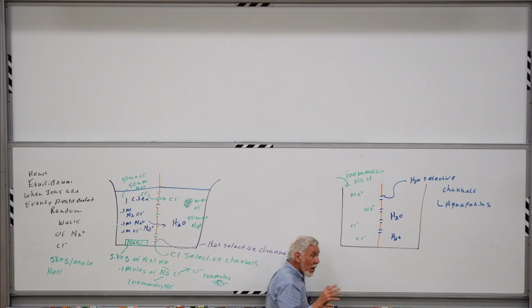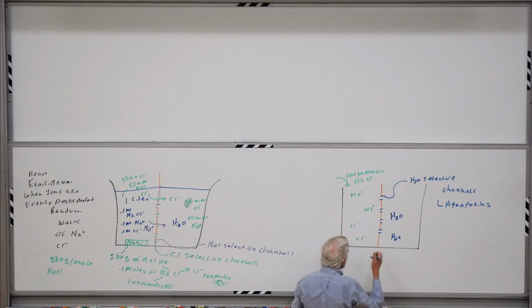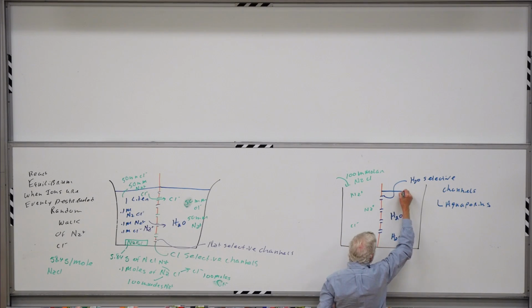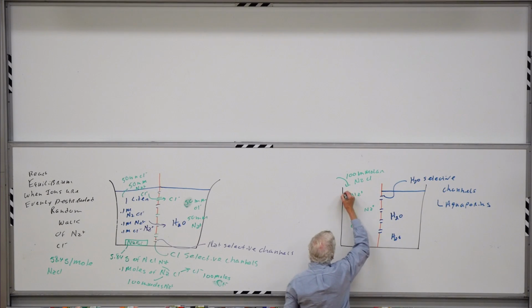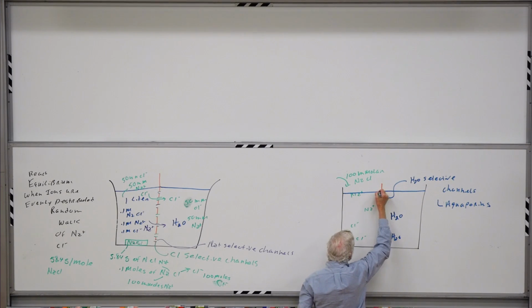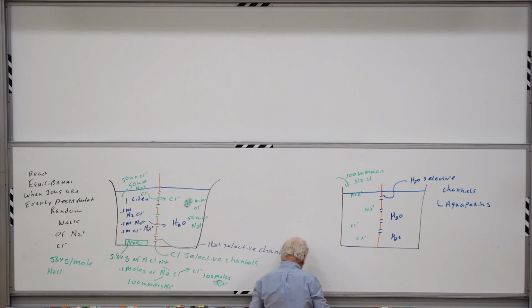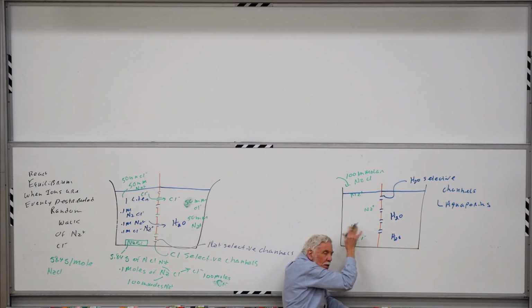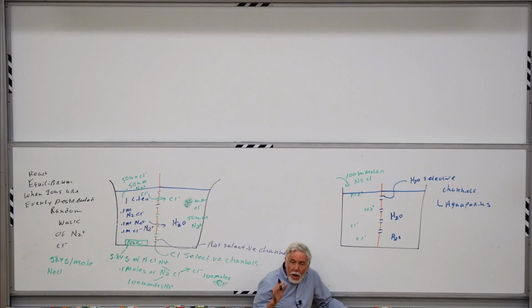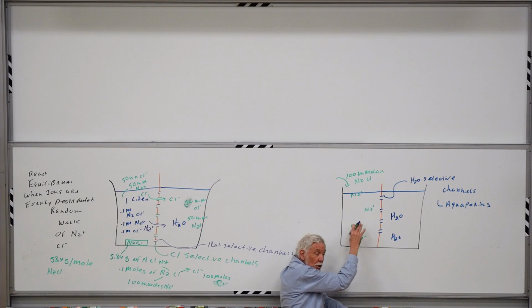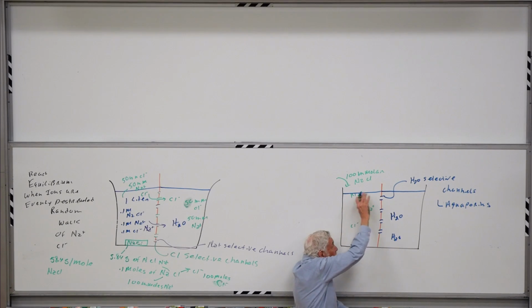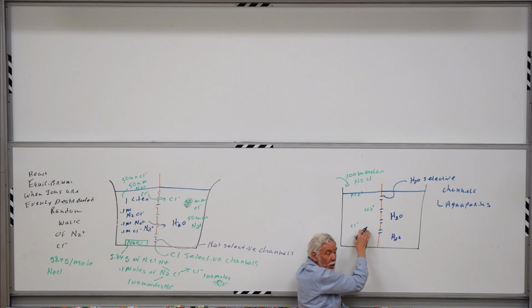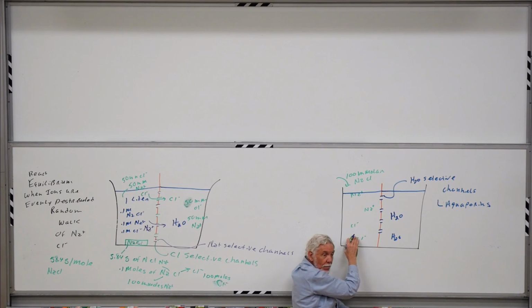What we have to think about is that we have the same volume of water on the right-hand side as we have on the left-hand side. But what you have to imagine in your mind's eye on this side is that the sodium ions and the chloride ions are taking up some room. Because they're taking up some space, they have excluded a volume which water can occupy. We simply have less water here because the sodium and chloride ions are taking up some of the volume.